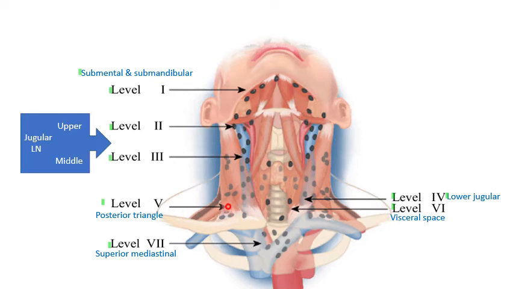And level 5 will be the posterior triangle lymph nodes. Level 6 is the visceral or the anterior group of lymph nodes, in the same compartment as the thyroid. And level 7 is the superior mediastinal lymph nodes, which is below the clavicle.